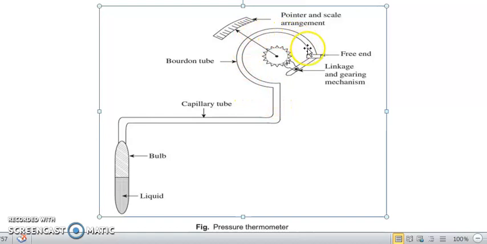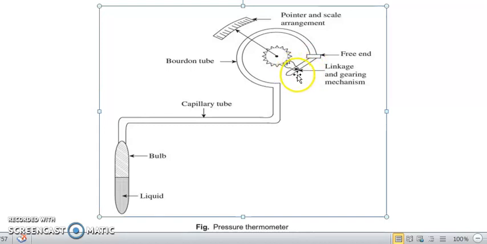Due to the pressure this Bourdon tube will expand, and the expansion will be sensed at this free end, and due to the expansion there will be movement in this flexible linkage and gearing mechanism.